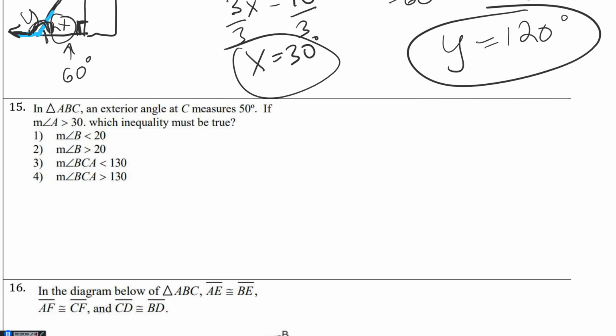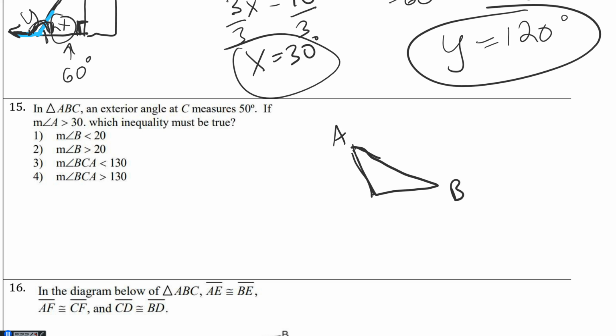Number 15. In triangle ABC, an exterior angle at C measures 50 degrees. Okay, I'm going to draw. So let's see. Got a triangle. Not a great triangle, but you get the picture.